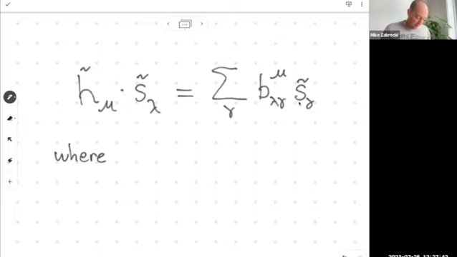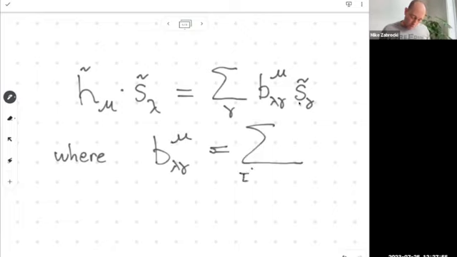where B lambda gamma mu is the sum over all tau star, which is equal to tau 0, tau 1, tau 2, tau 3, so tau i is a partition of mu i.